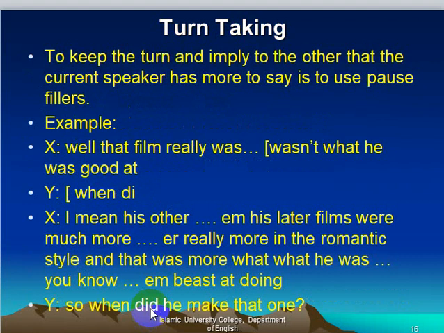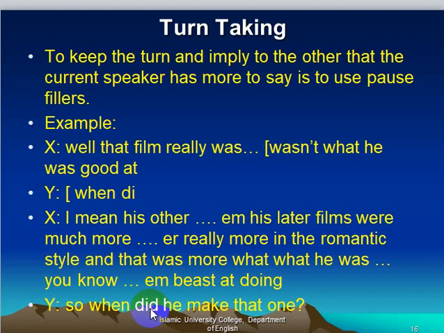Sometimes we need to keep the turn and imply that we are still speaking, that the current speaker has more to say, by using pause fillers. Here we use these fillers to indicate to the listener that we are still in the turn. These fillers vary in the various languages.